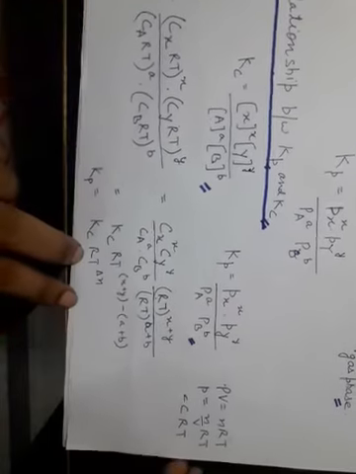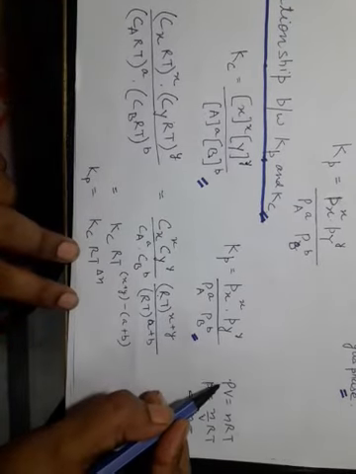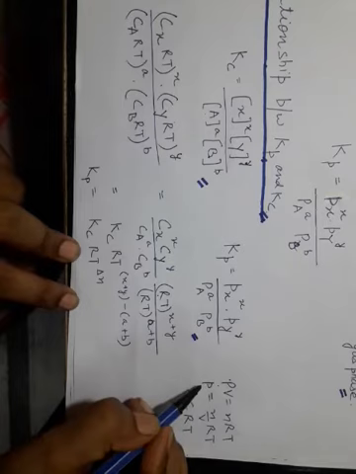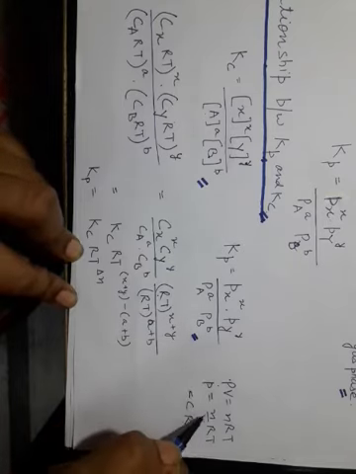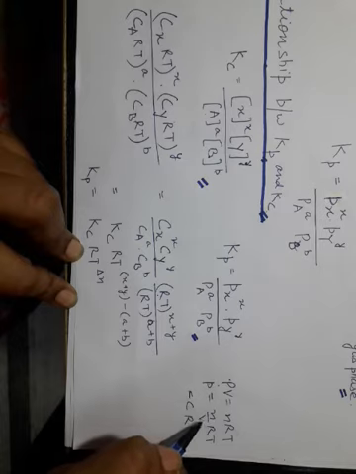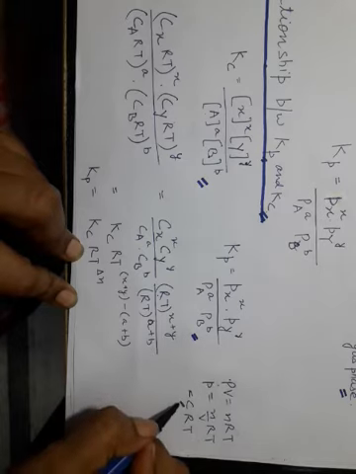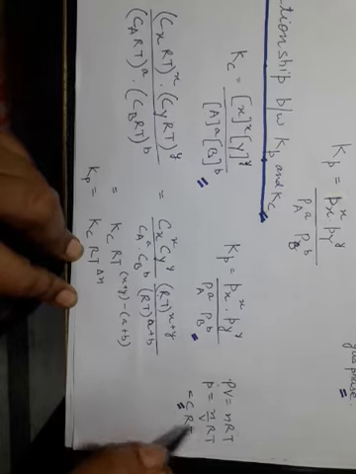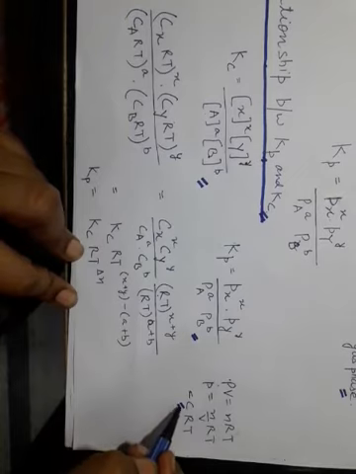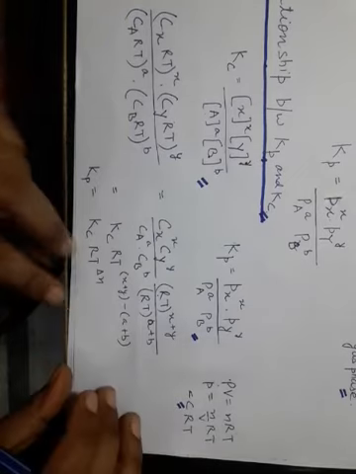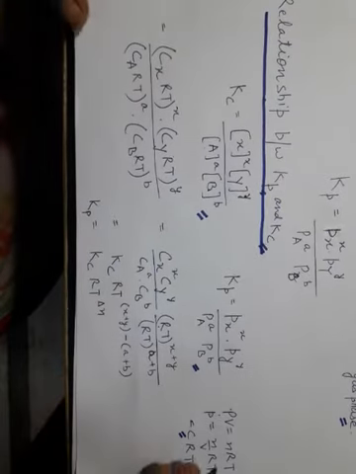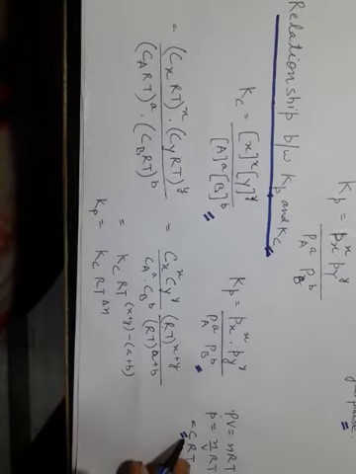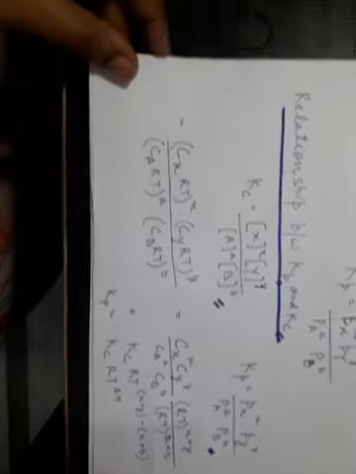Students, in the ideal gas equation we have studied that PV is equal to nRT. So the pressure is equal to n upon V times RT. In the first chapter we studied that number of moles divided by volume is called concentration. So in place of n by V we can place concentration. Here we are using the concentration terms in Kc.